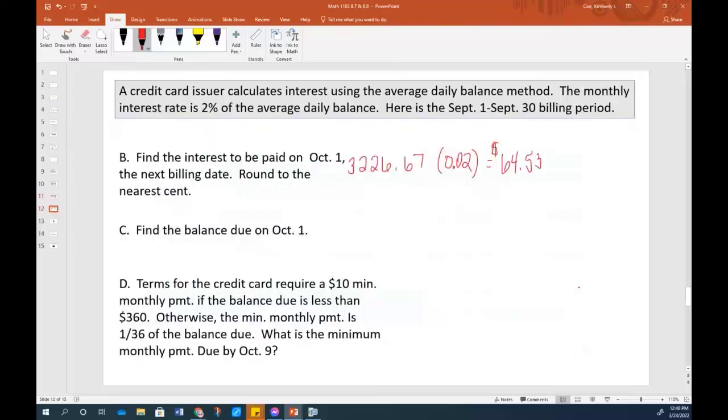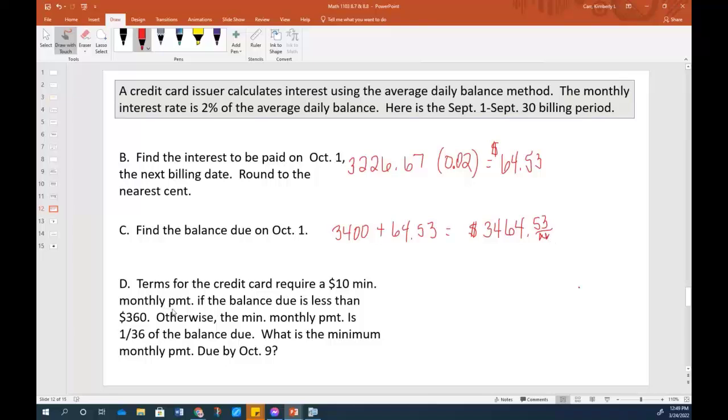So I need to take $3,400 plus the $64.53. And when they send me my new bill, they're going to tell me that I owe them $3,464.53.